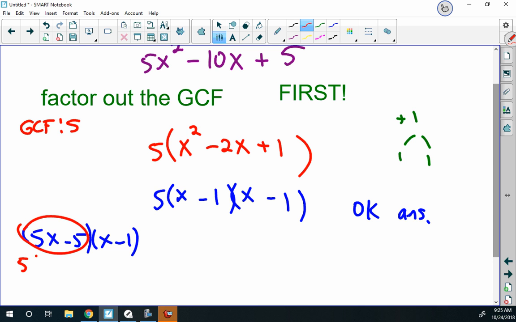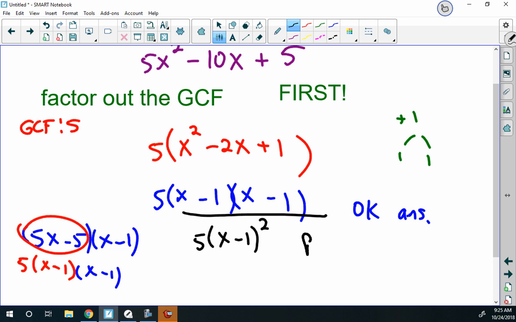So that would be 5 times x minus 1 times that other x minus 1. When we have a quantity that's being multiplied by itself twice, how do we simplify that? Square it. So it should be 5 times x minus 1, the quantity squared. That's the best answer.